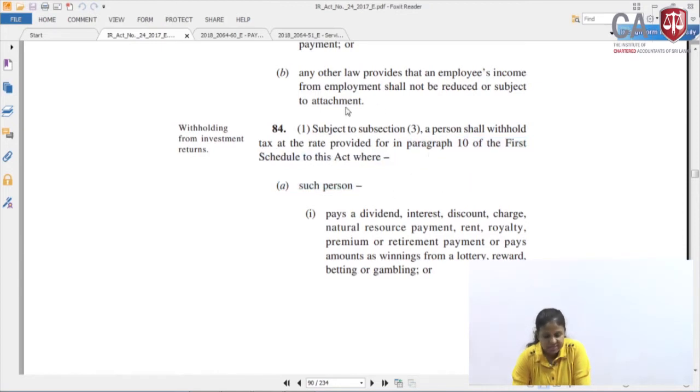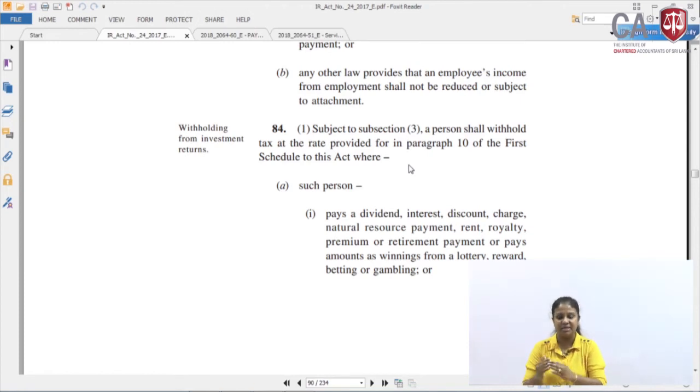In that you can see a person shall withhold tax at the rate provided in paragraph 10 of the first schedule. That's why we have gone to paragraph 10, and I really need to show this to you all. This is where the provision applies, and in the first schedule the particular rate is there.